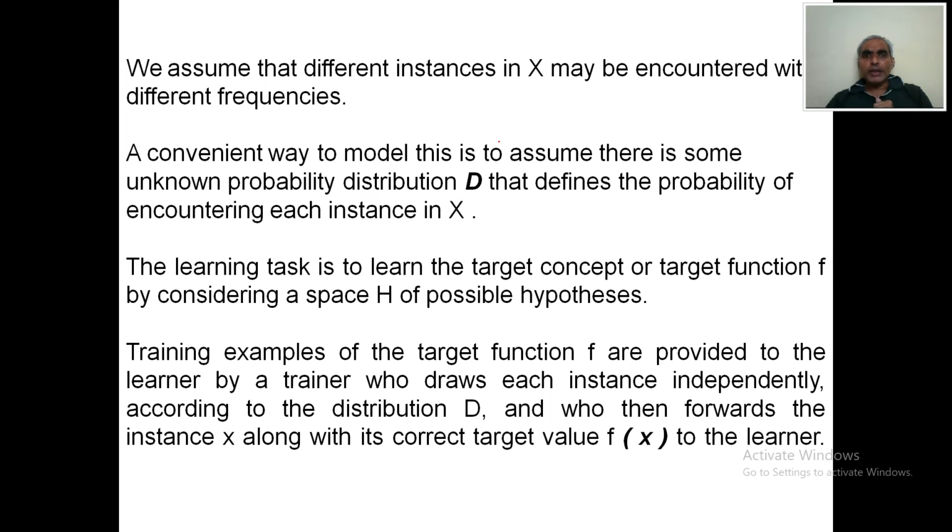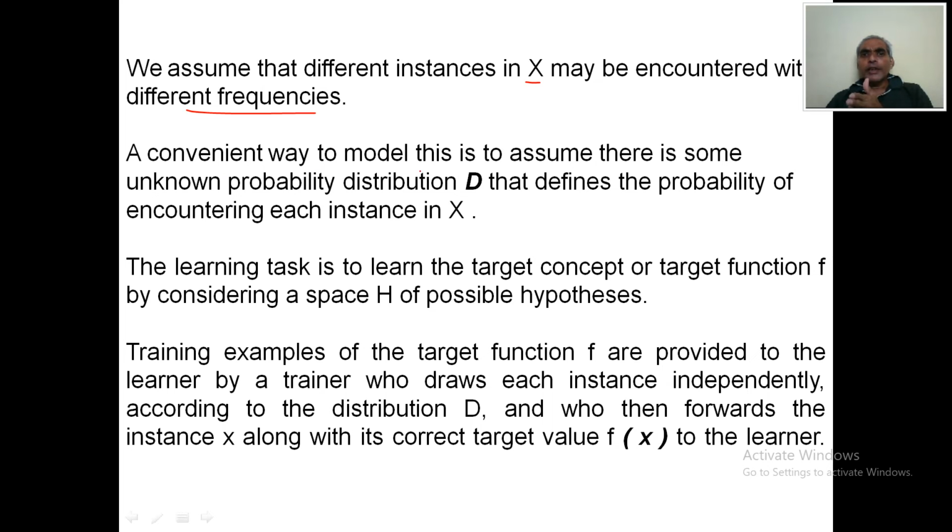Now we assume that different instances in X, that is, the number of people, may be encountered with different frequencies. When you take a survey of the people who came to that location, we get different frequencies. Some people purchase, some say that they are not going to purchase, based on various attribute values, right?